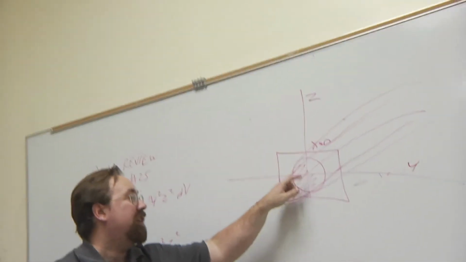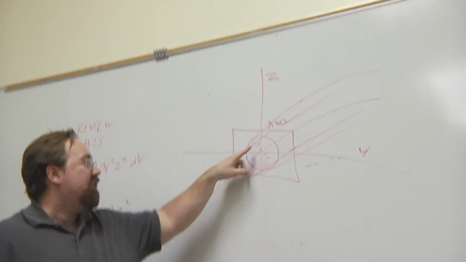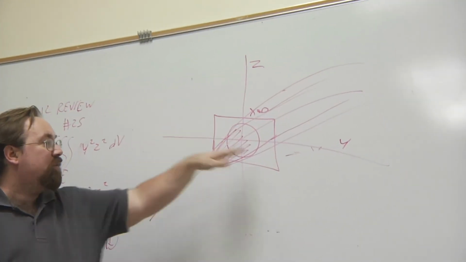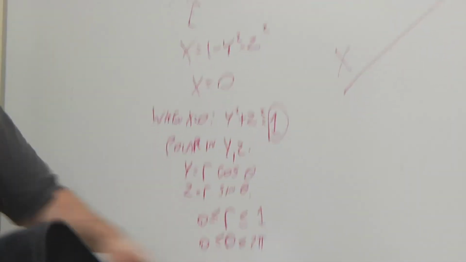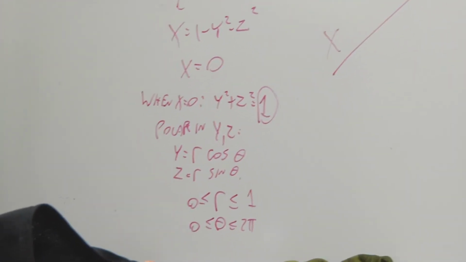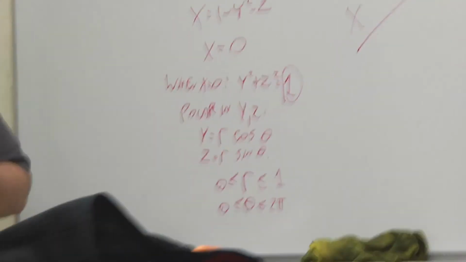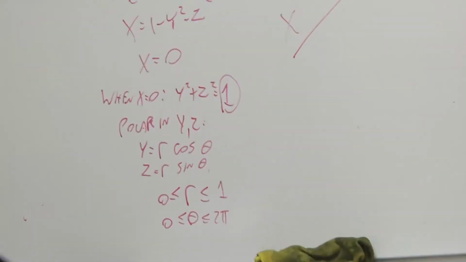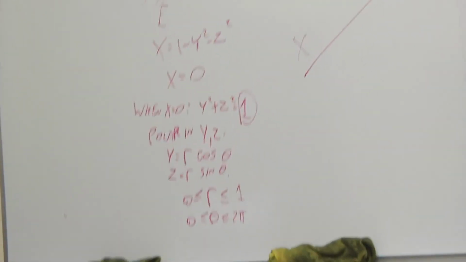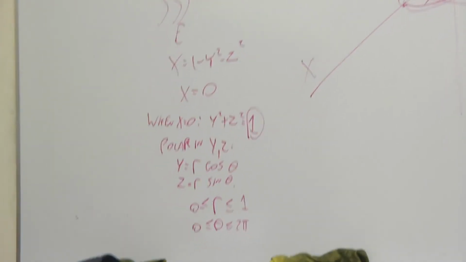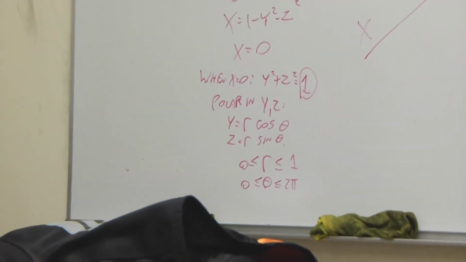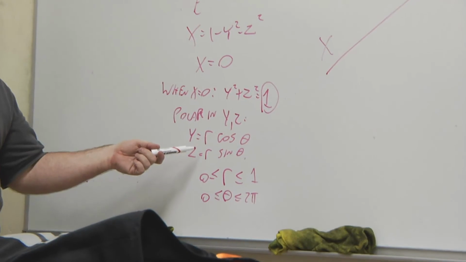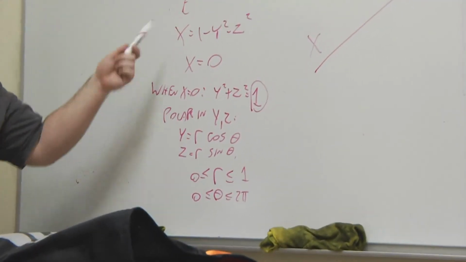Now, on the other hand, if we had said that this was also bounded by the plane z equals 0, then that would restrict theta. So, for instance, it would be like theta going from 0 to pi in that case. So the variables we now have are r, theta, and x.